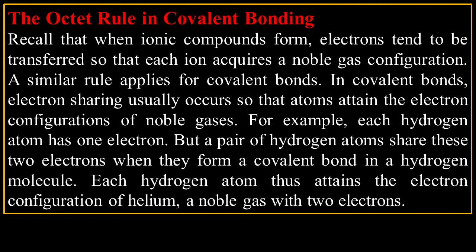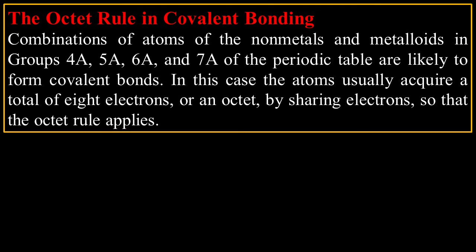For example, each hydrogen atom has 1 electron, but a pair of hydrogen atoms share these 2 electrons when they form a covalent bond in a hydrogen molecule. Each hydrogen atom thus attains the electron configuration of helium, a noble gas with 2 electrons. Again, the octet rule is just referring to the noble gas configuration.